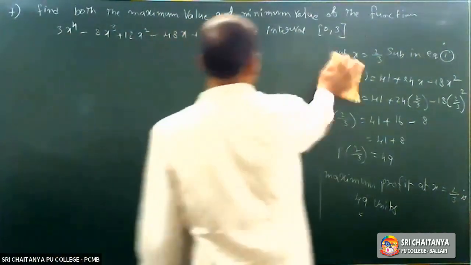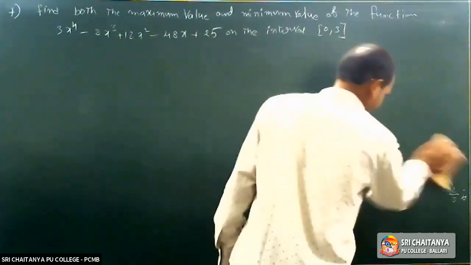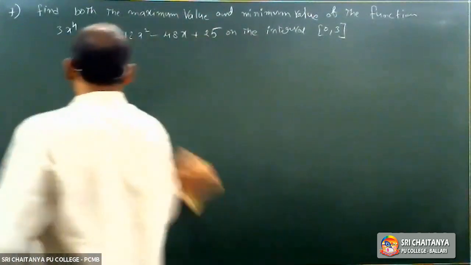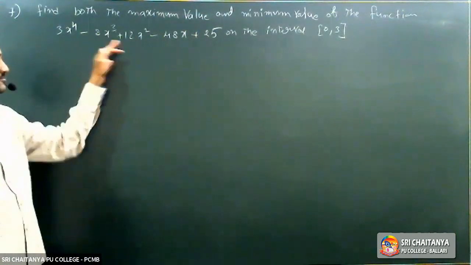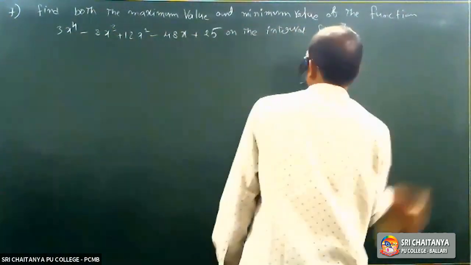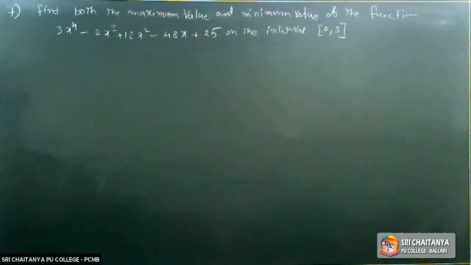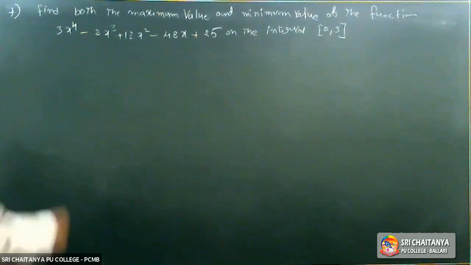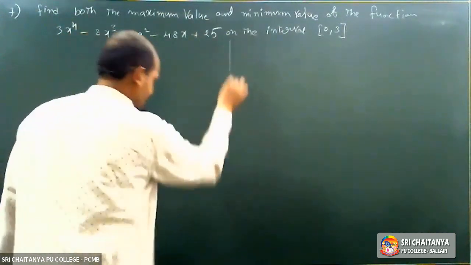Find both the maximum value and the minimum value of the following function: 3x power 4 minus 8x cube plus 12x square minus 48x plus 25 on the interval 0, 3.